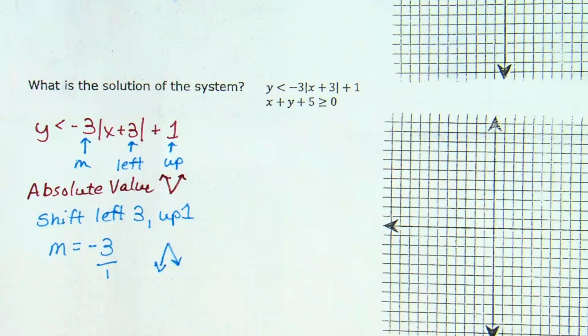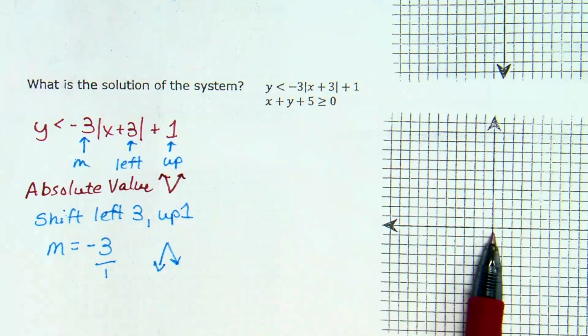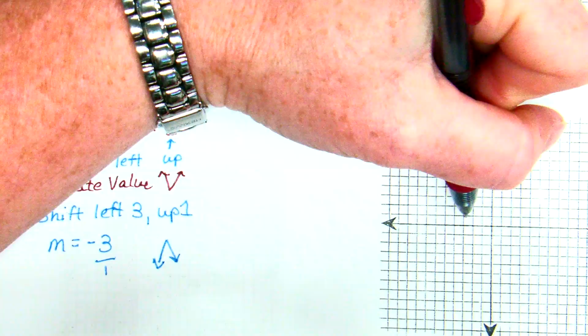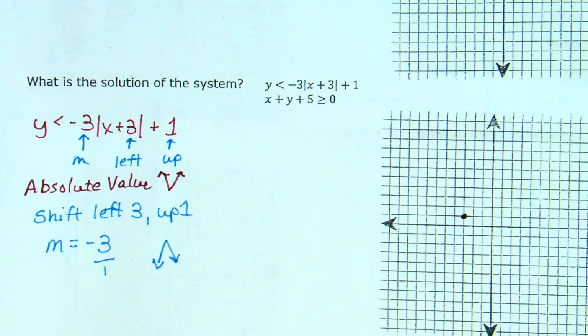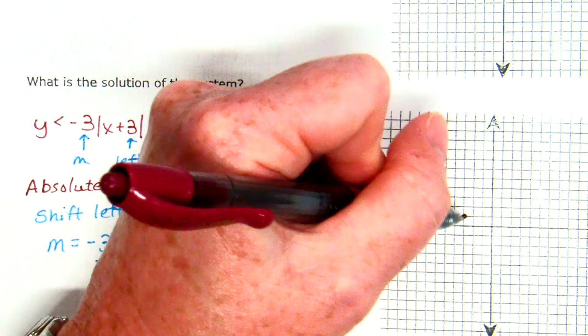My V normally starts at 0, 0. So that vertex of 0, 0 is going to go left 3, up 1. There's my new vertex. A slope of negative 3. Slope of negative 3 is going to, from this point, go down 3, right 1.